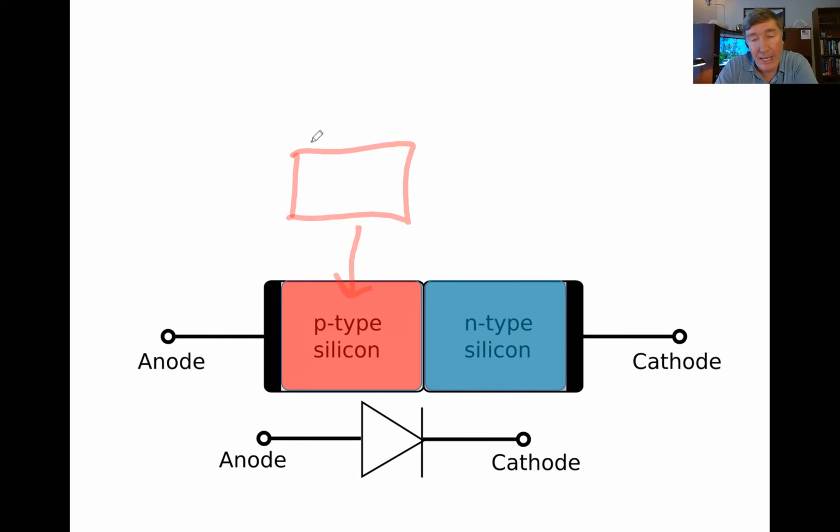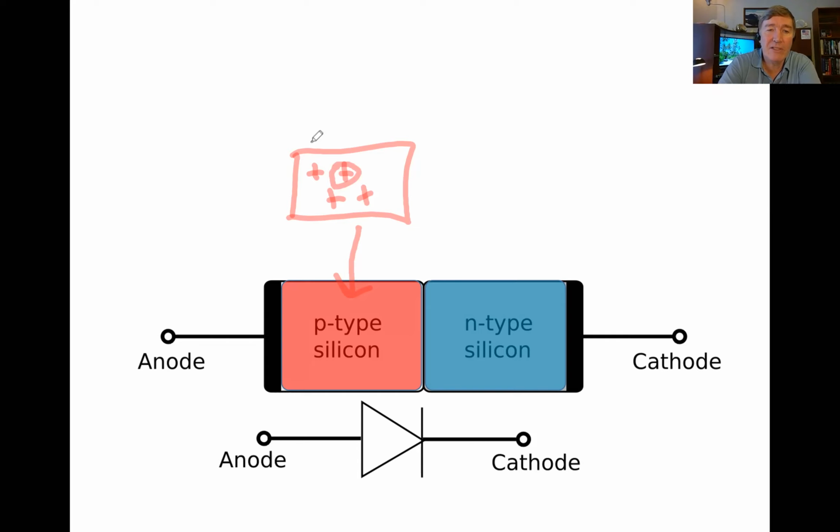In other words, an electron has been stolen away. When we talk about contaminants, we're talking part per million level here. So it's mostly silicon, but every once in a while you get an extra little atom here that has a missing electron. So it's a positive.